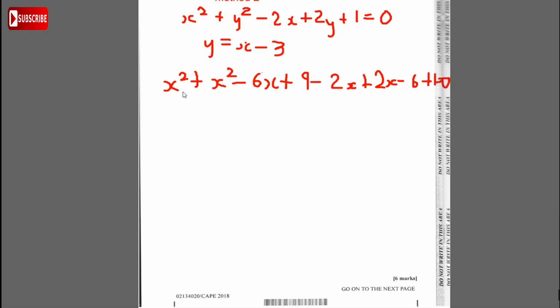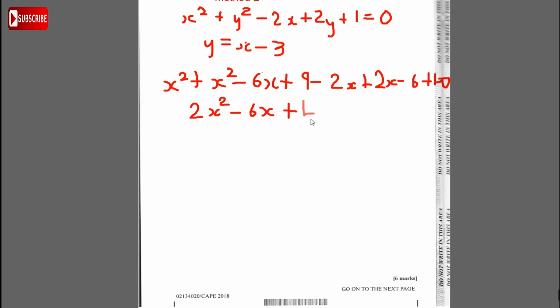Let's simplify this equation. x squared plus x squared is 2x squared. Then minus 6x minus 2x is minus 8x, plus 2x, that's minus 6x. And then we have 9 minus 6 is 3, and 3 plus 1 is 4.